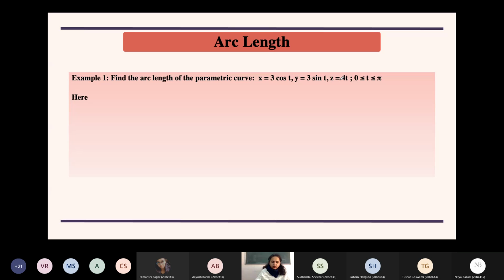Is anyone able to hear? I don't know if Sudhanshu is speaking something or not. I did that also. Okay, then maybe yes. Okay, Nivedita, yes.